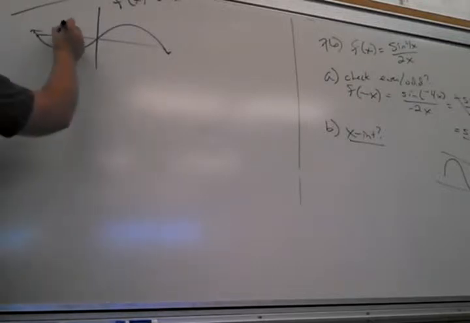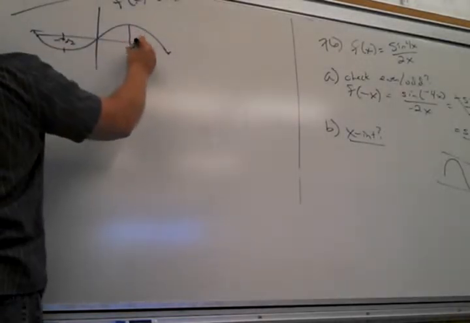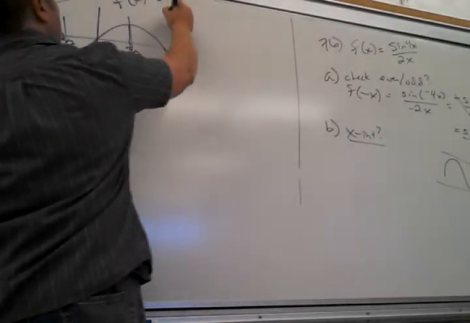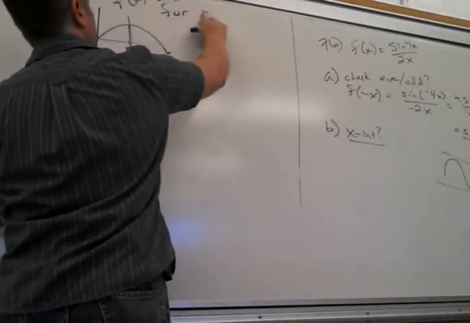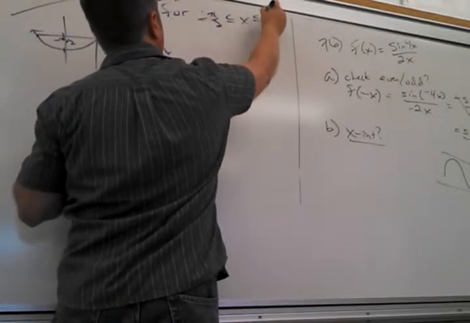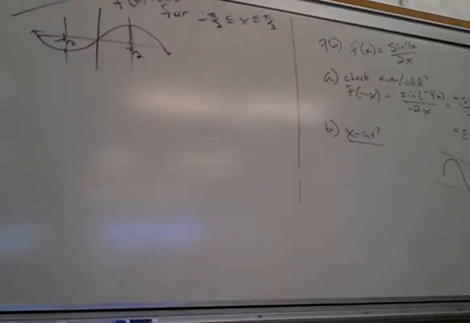The lowest value is here, at negative pi over 2, and the highest value is there, at pi over 2. So I cut it there. I say that's going to be my domain. So for negative pi over 2 less than or equal to x less than or equal to pi over 2, that is invertible. That passes the horizontal line test.